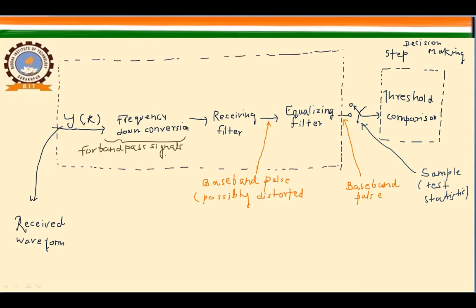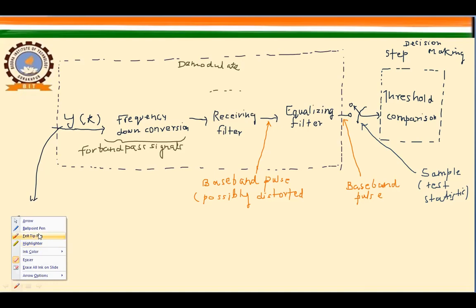Band pass signals. So at this moment, from here, demodulation, demodulate, and demodulate and sample or symbol.